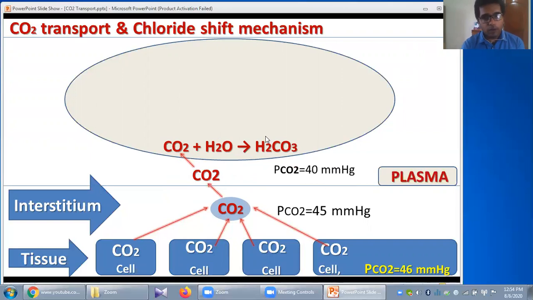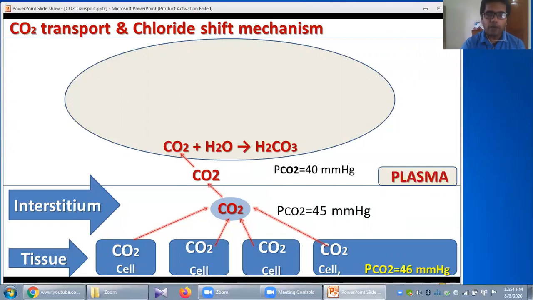Now, all of you know that these red cells are very rich in carbonic anhydrase enzyme. Carbonic anhydrase enzyme is abundantly present within the red blood cell relative to plasma. In plasma, the carbonic anhydrase enzyme concentration is very low or it is almost absent.